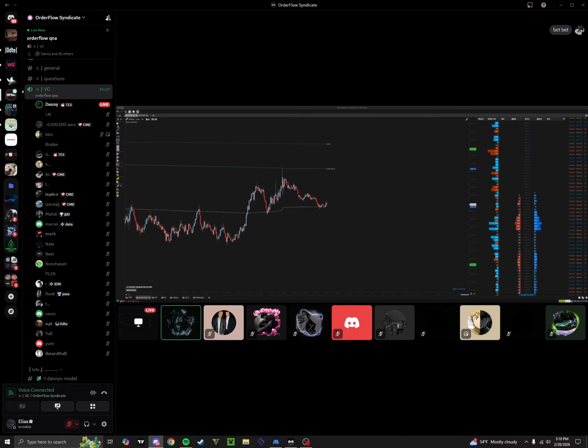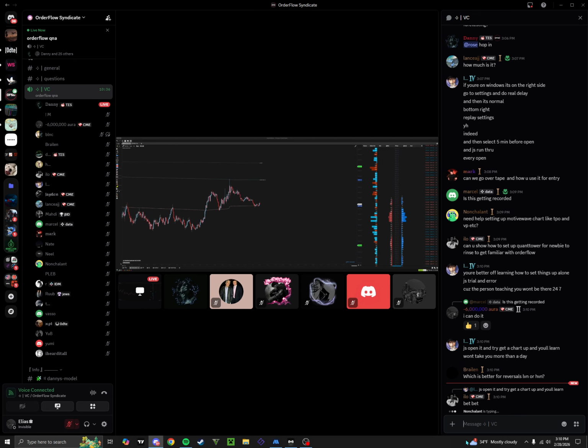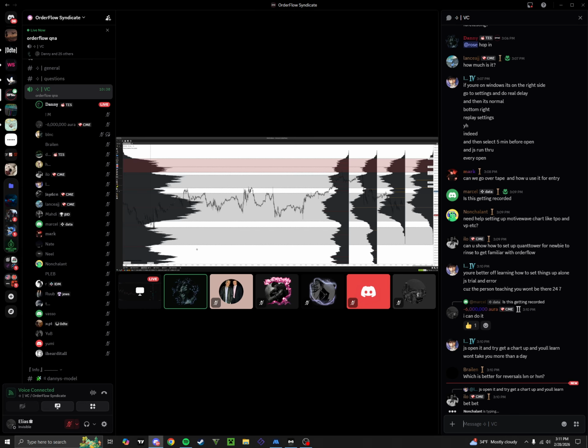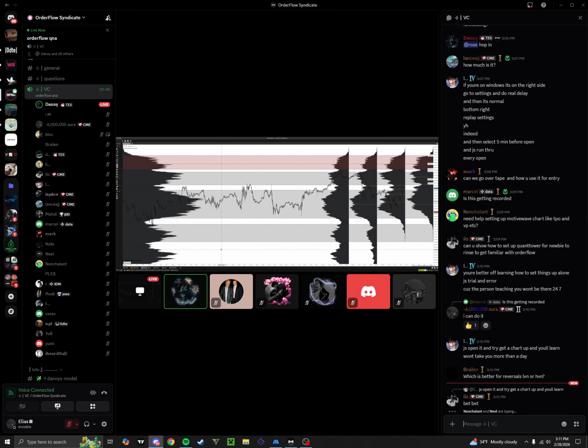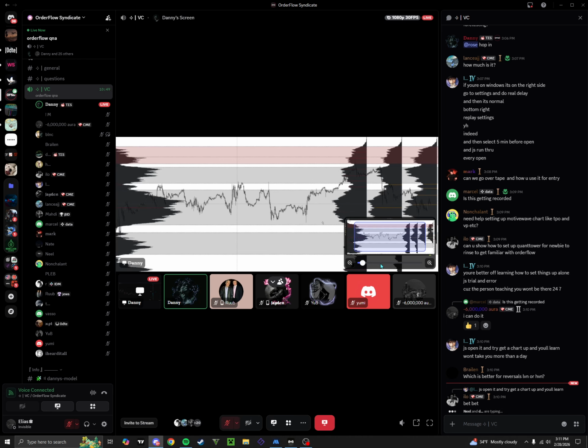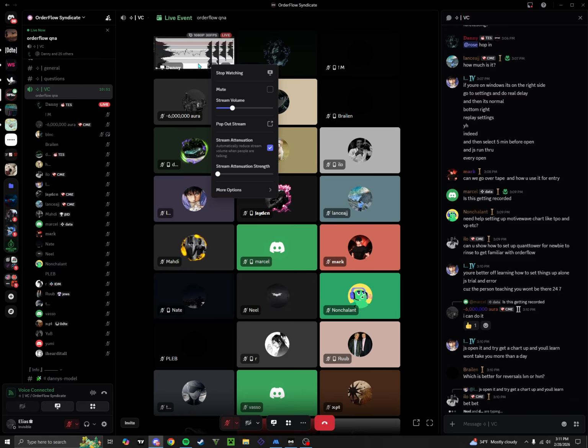For reversals, I've been liking low volume nodes. I think they work nicely, but obviously the main levels that I use are balance extremes, which are going to be chunks of high volume nodes. So in that sense, I think the extremes of those work a little better.